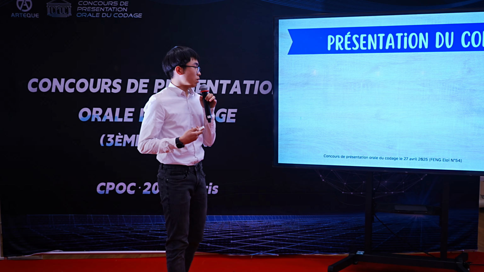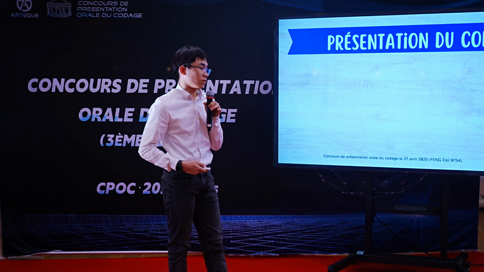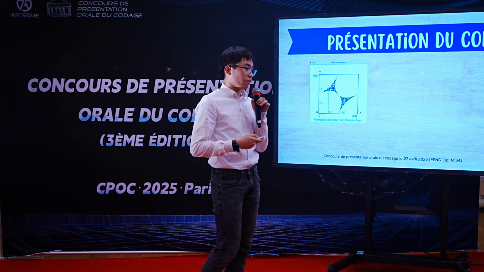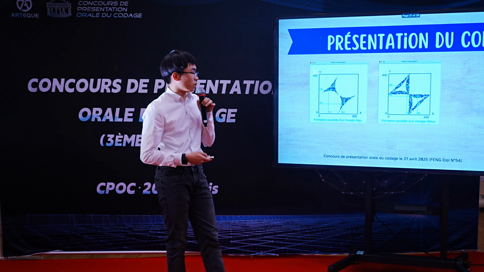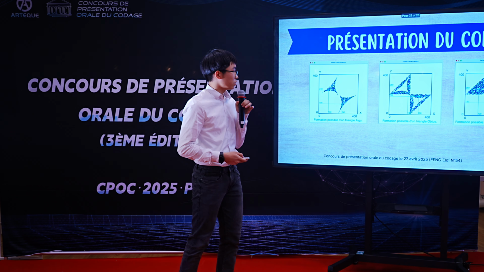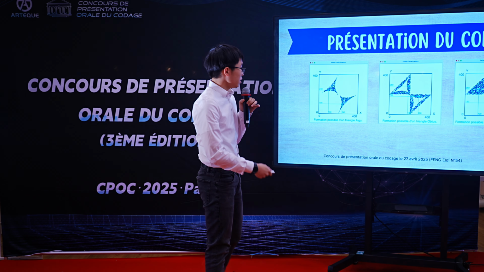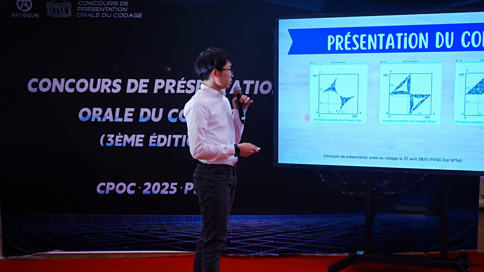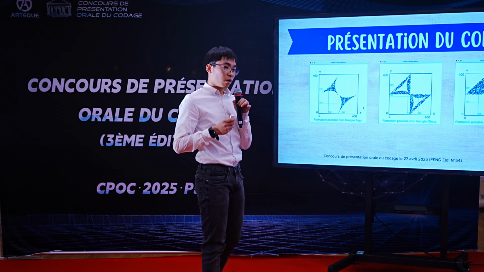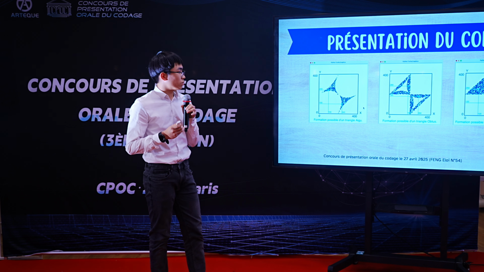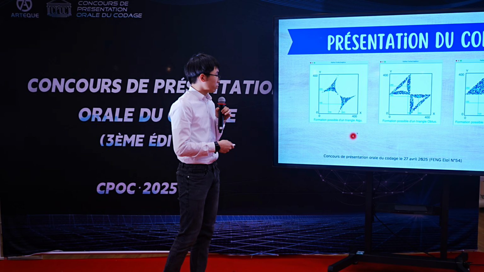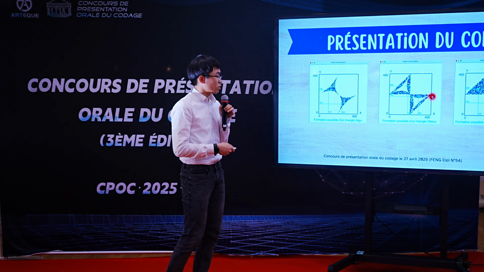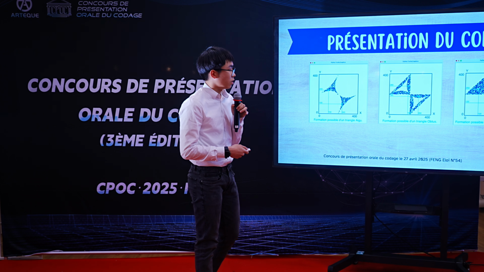Now let's talk about the more specific conditions. The more specific conditions are the condition of the acute triangle and the obtuse triangle, and the less specific is the condition of the oblique triangle. We can see in these three charts that represent all the possibilities that can make a triangle. So an acute triangle for the first chart, an obtuse for the second, and an oblique for the last one.